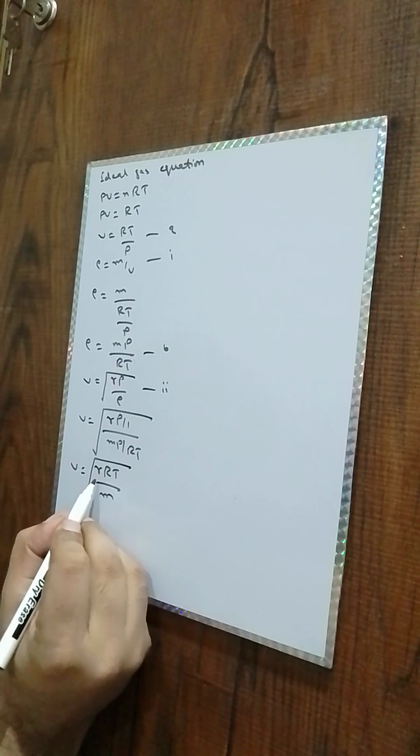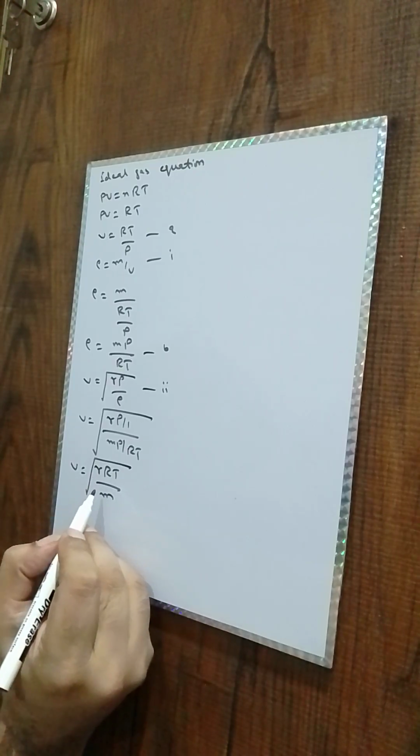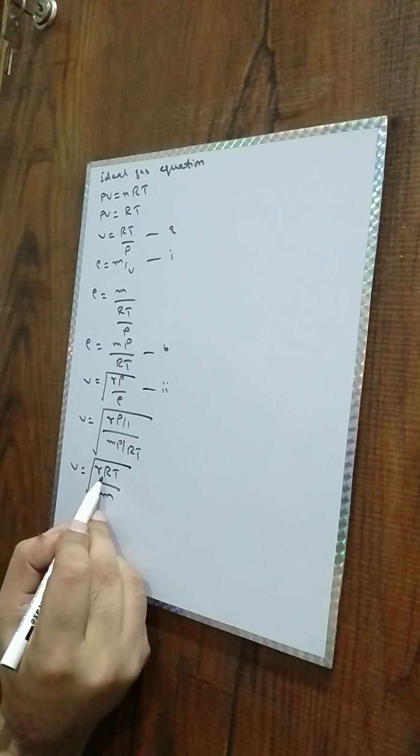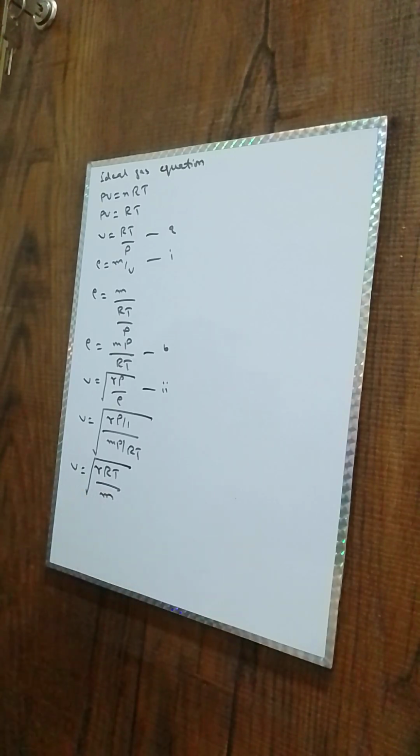So this is a rough, approximate form for velocity, which takes into account the universal gas constant, the temperature, the mass, and this quantity gamma, which is actually the factor in Laplace correction.